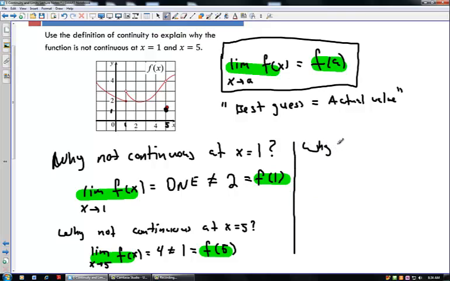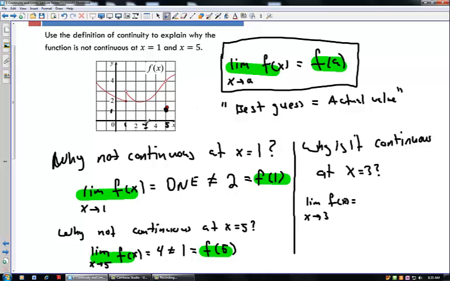Why is it continuous at, and let's pick a point that we did before, I think we did 3 last time. So why is it continuous at x equal 3? By using the definition, we found last time the limit as x goes to 3 of f of x.